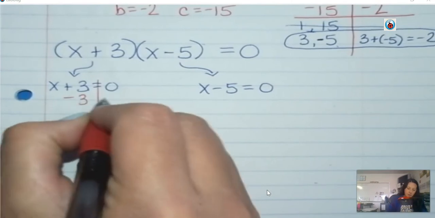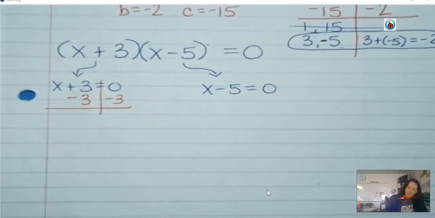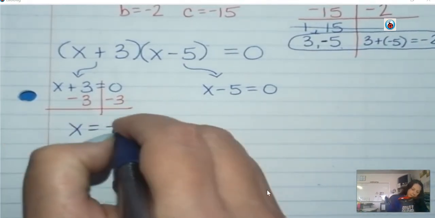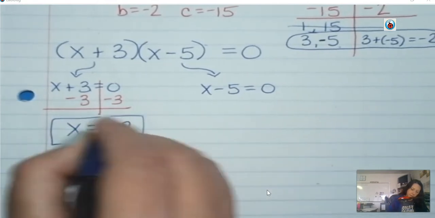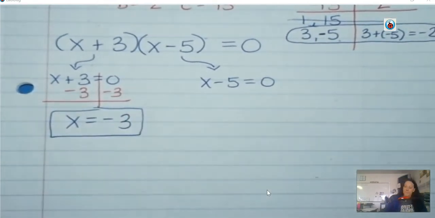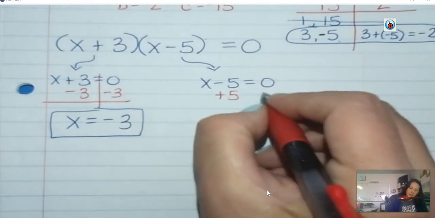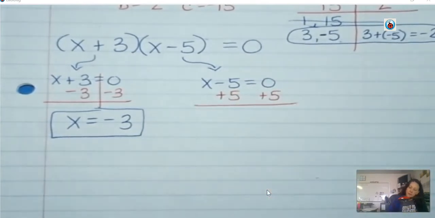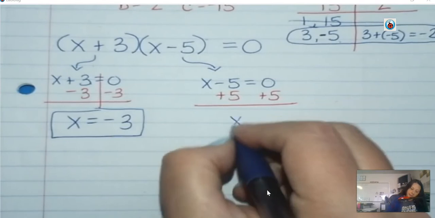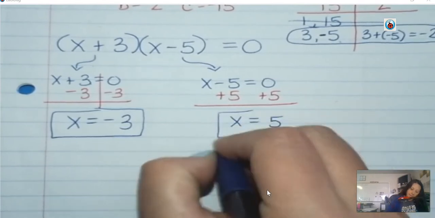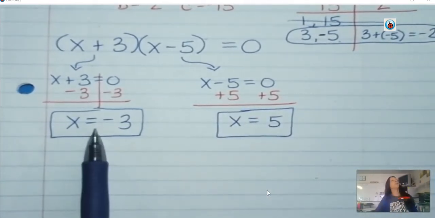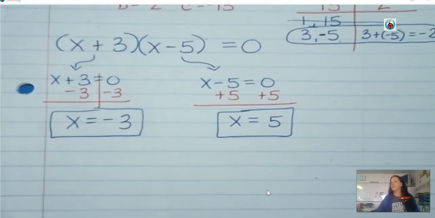So I'm going to subtract 3 from both sides, and I end up with x equals -3 is one of the solutions. The other factor, I'm going to add 5 to both sides, and I end up with x is 5. So the solutions to this quadratic are -3 and +5.